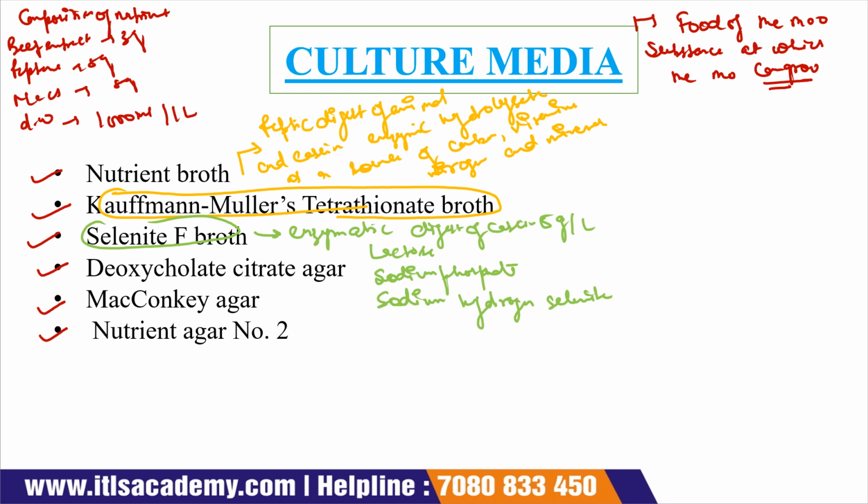Sodium phosphate will be 10 gram per liter and sodium hydrogen selenate will be 4 gram per liter, and the final pH will be 7.0 plus minus 2. After mixing all these ingredients into distilled water, we maintain the pH of the product, and the pH should be 7.0 plus minus 2.